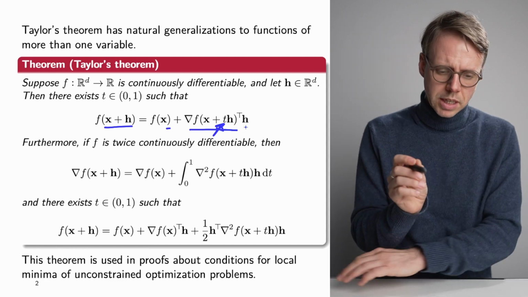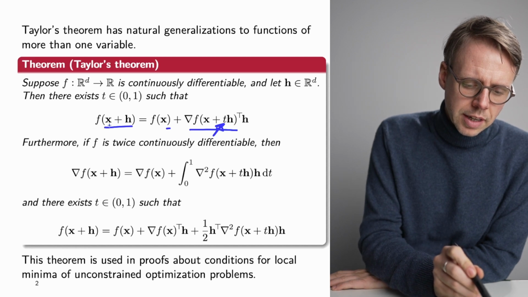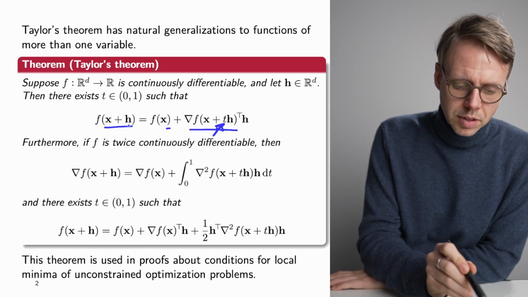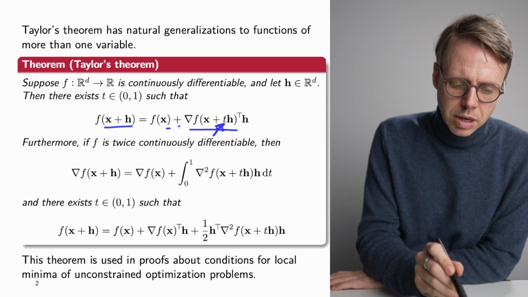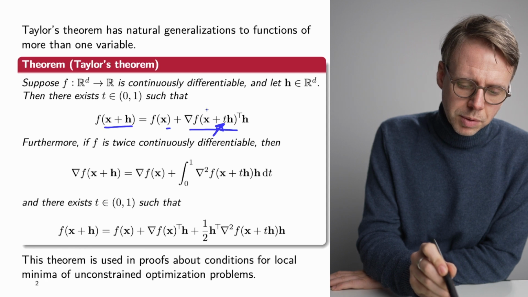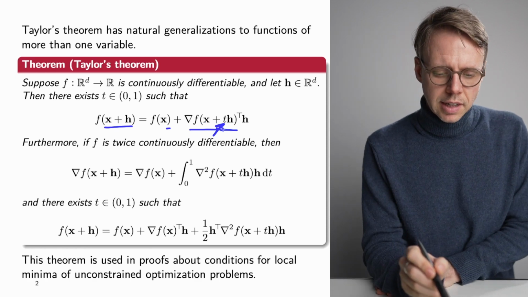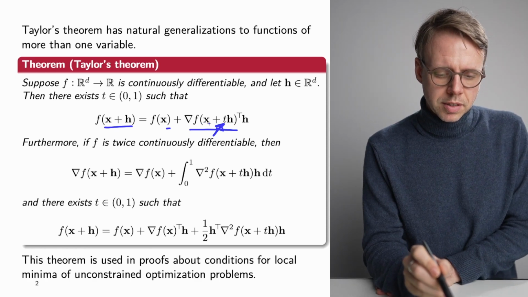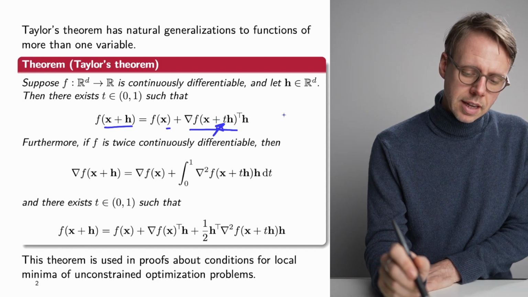So what does this mean again? Well, the function value at x displaced by the vector h is equal to f of x plus, and here we have not f of x plus h, but f of x plus th, so this little scalar between 0 and 1. So this yields a point that lies between x and x plus h.